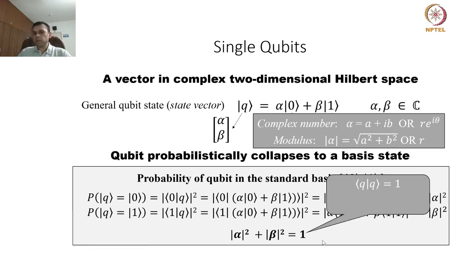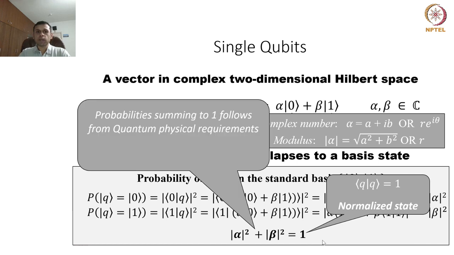All the qubits we're going to be dealing with must be such that if you take the equivalent bra and apply it to that qubit as a ket, they must end up being 1. And this is called a normalized state. So we are only going to be dealing with what are called normalized states or normalized qubits. And the idea of normalization comes from quantum physical requirements, but you can see why this requirement exists.